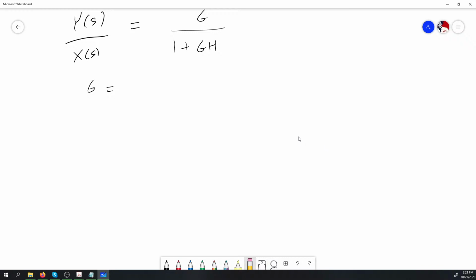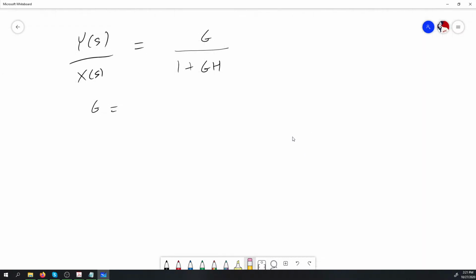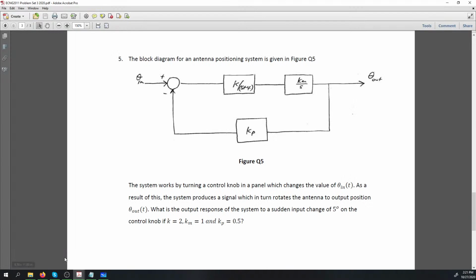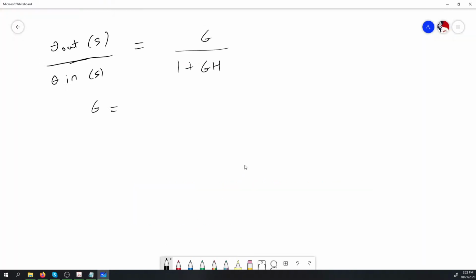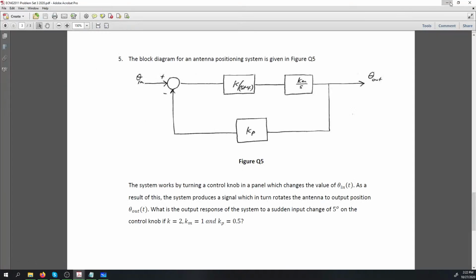Because this is a standard negative feedback system, it follows our standard negative feedback equation, which is G divided by 1 plus G of H. Instead of Y and X, this now becomes theta out of S over theta in of S. The G block here would be the combination of the blocks on the feed forward part, which would be Km divided by S multiplied by K divided by S plus 4.